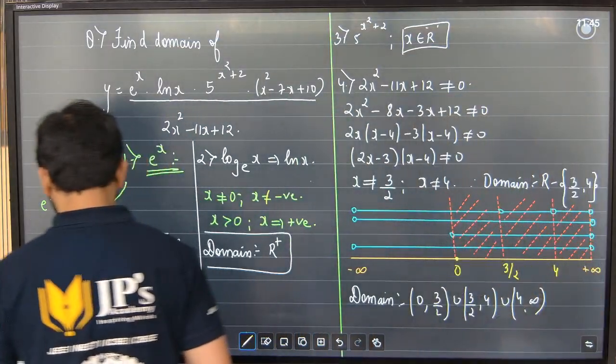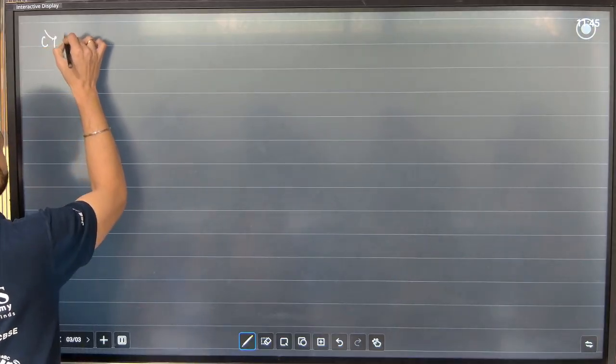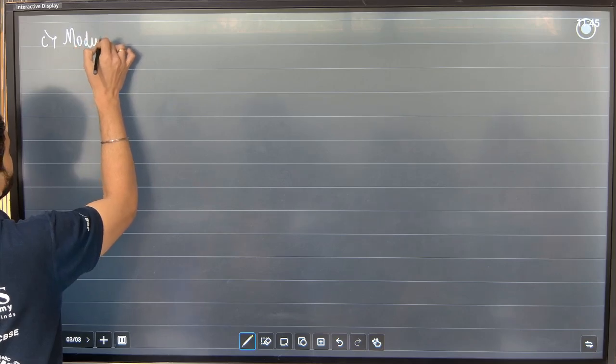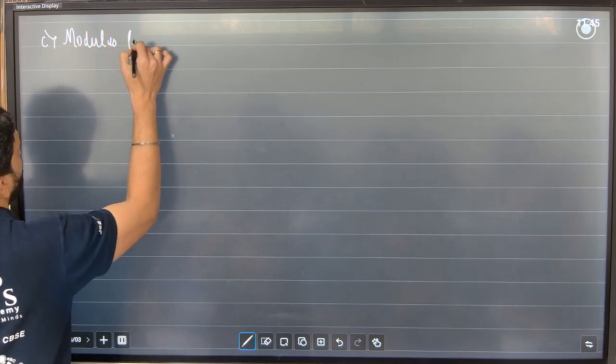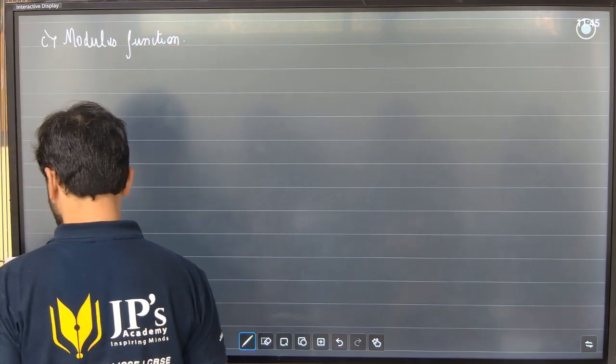Next topic, modulus functions. C part, modulus function. Okay, modulus function.